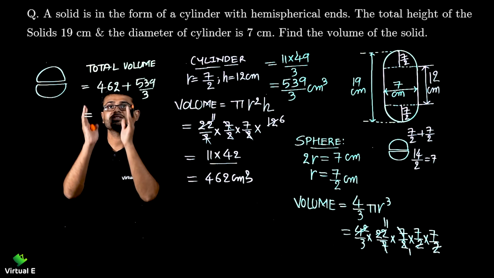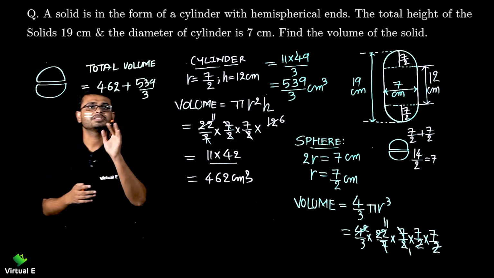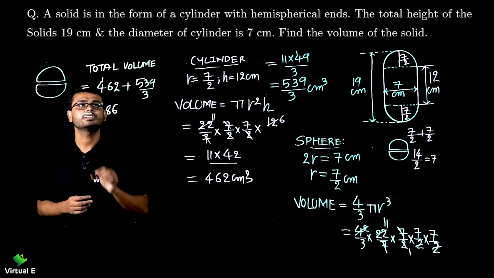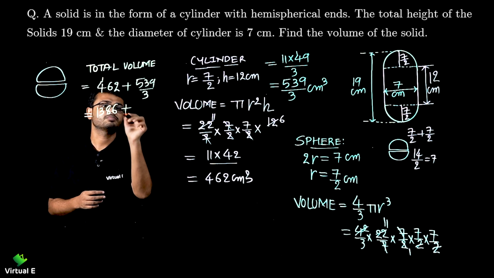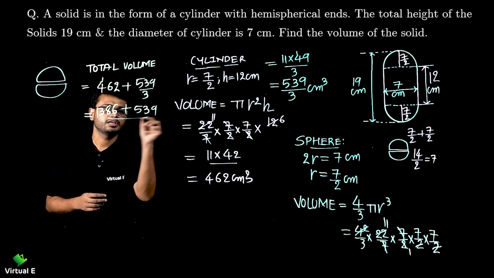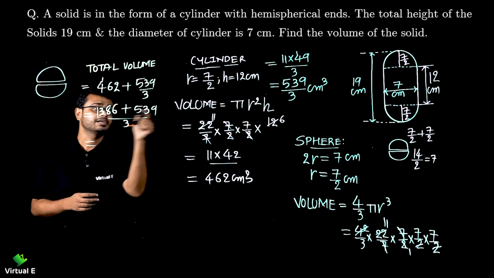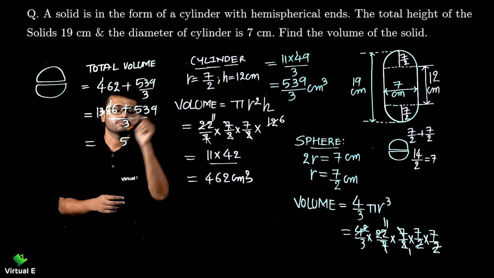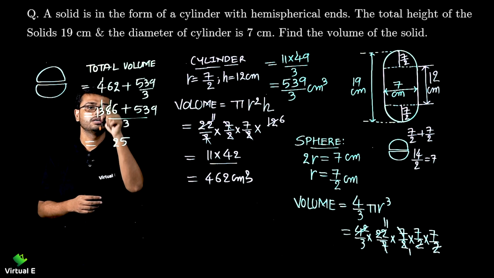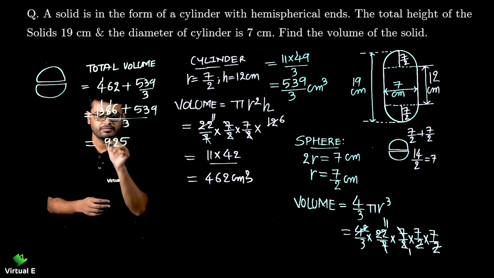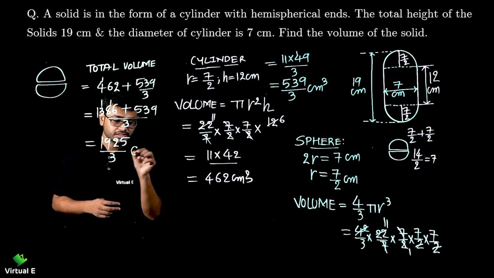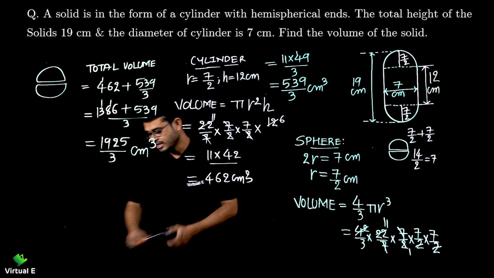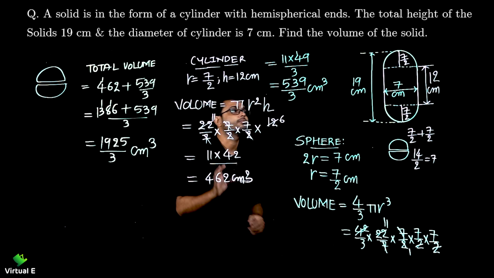It depends, if there is a very big number, then I can do decimal as well. It's up to you. 3 twos are 6, 6 threes are 18, 1 carry over, 12 plus 1 is 13, so 1386, plus 539, and 3 in the denominator. Let's add: 6 and 9 will give you 15, 5 carry over 1, 8 plus 1 is 9, 9 plus 3 is 12, 2 carry over 1, 3 and 4, 4 and 5, 9, 1 as it is, and denominator 3, centimeter cube. Remember, we are talking about the volume. So this is our final answer for the volume of this arrangement.